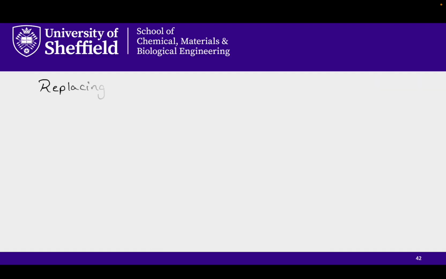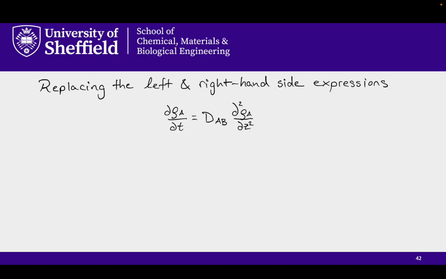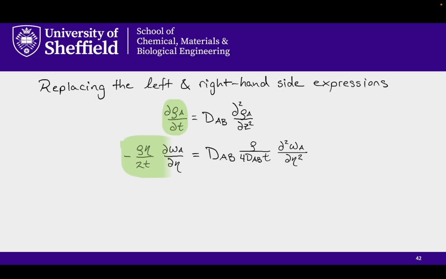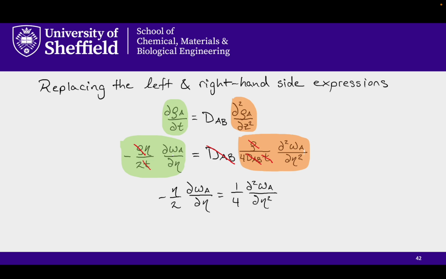Now we're at a point where we can plug both the left and the right-hand side expressions into that governing equation. So when we do that, we get a slightly larger equation that is actually simplifiable when you start canceling terms. And so that leaves us with a relatively straightforward equation.